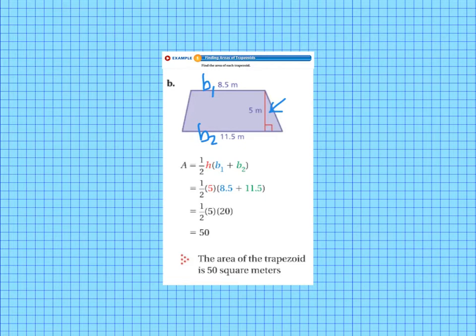And so our first step is to write the formula. Our second step is to substitute. So write the formula and then substitute in our numbers. And then we are going to add.